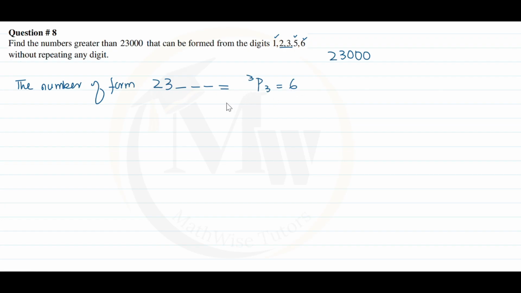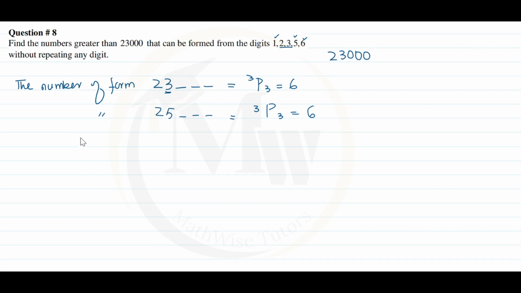And same, next number bigger than this will be, we fix 2, but we can change now 3, but it must be bigger than 3 from these digits, so it would be 5. So now we fix 2, 5, and the other 3 numbers can be arranged in these 3 places. So from 3 digits we can arrange 3 digits. So it remains as 6.